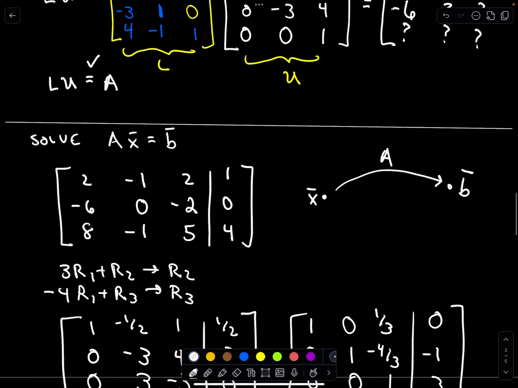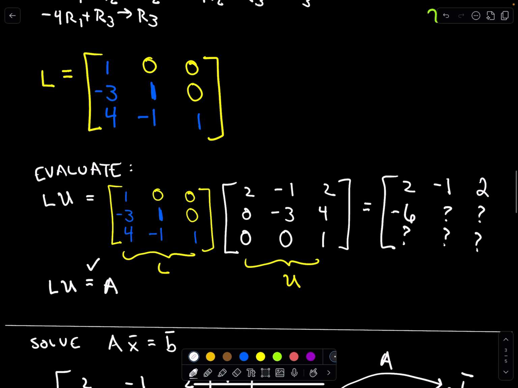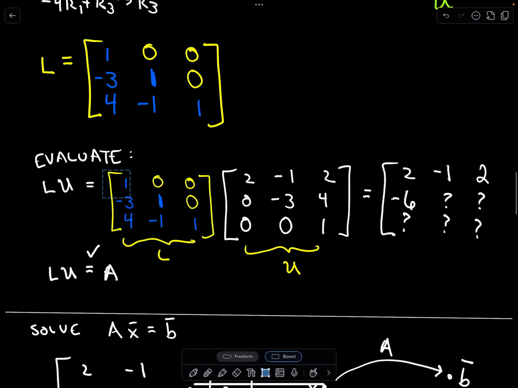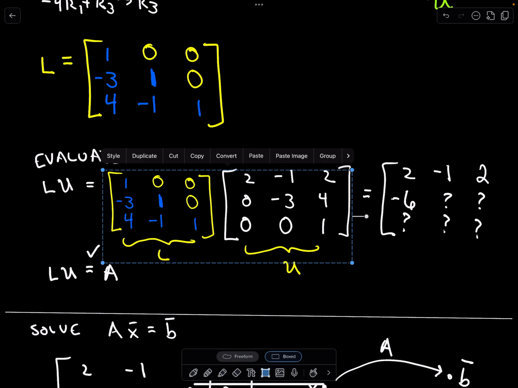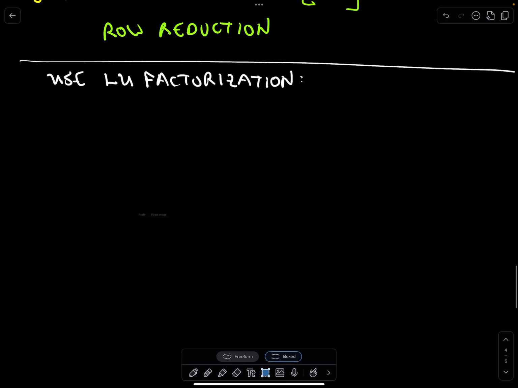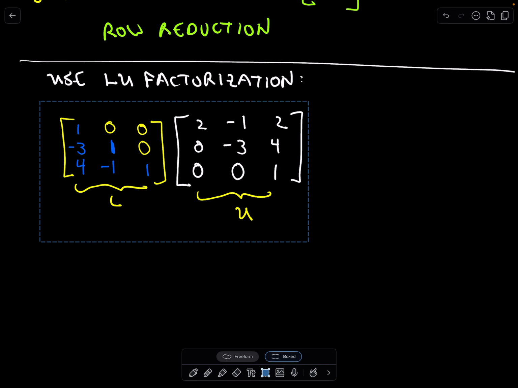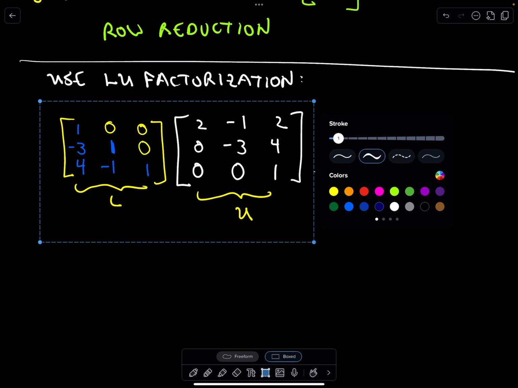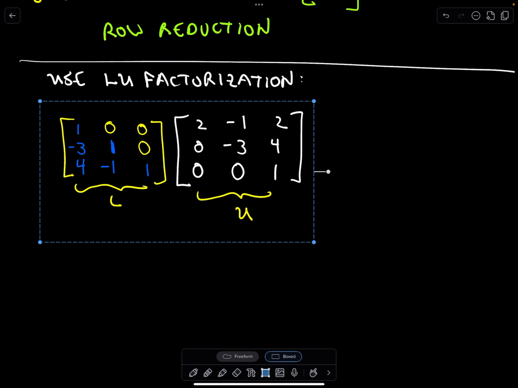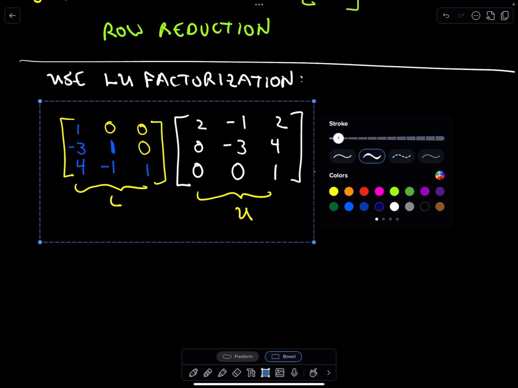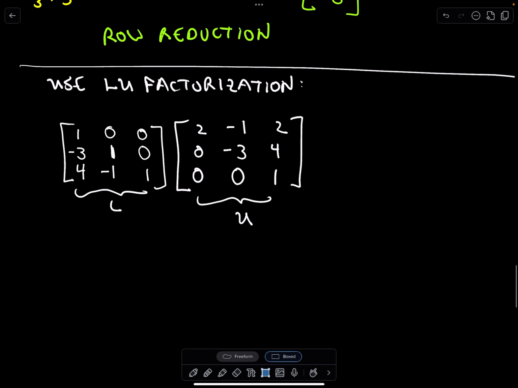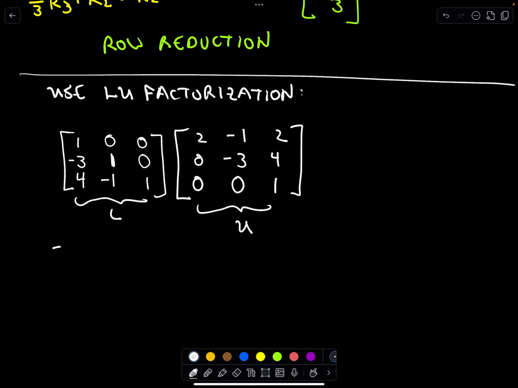Let me copy down my LU factorization, and I want to make sense out of that diagram that we had a second ago. Okay, so there's L and U, and we wanted to solve that matrix equation AX equals B.